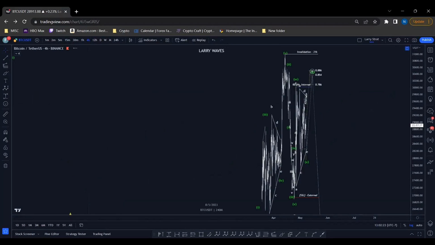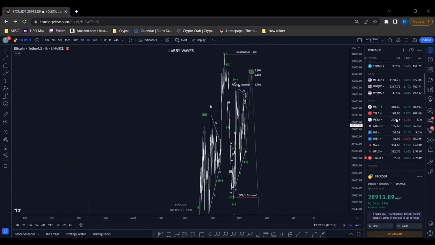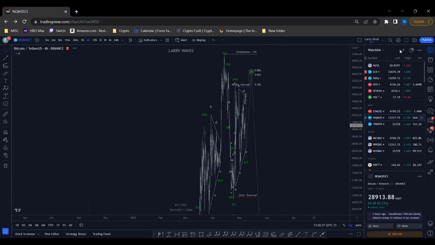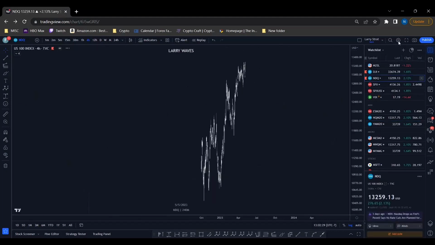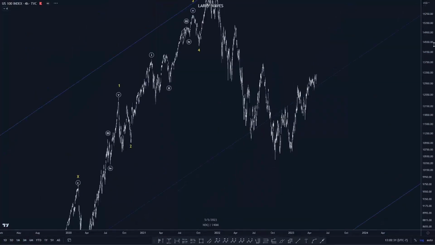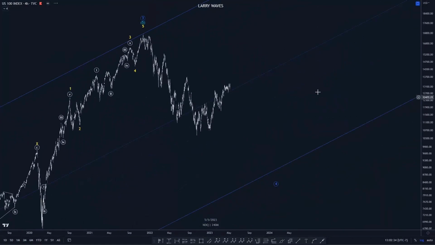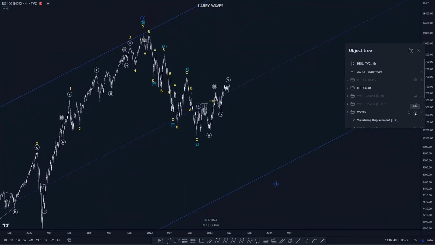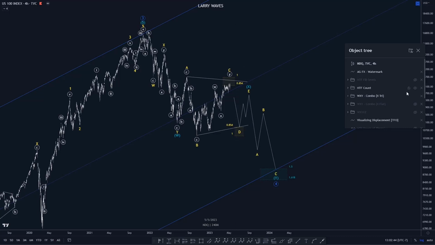Let me take a quick look. WXY XZ triangle.